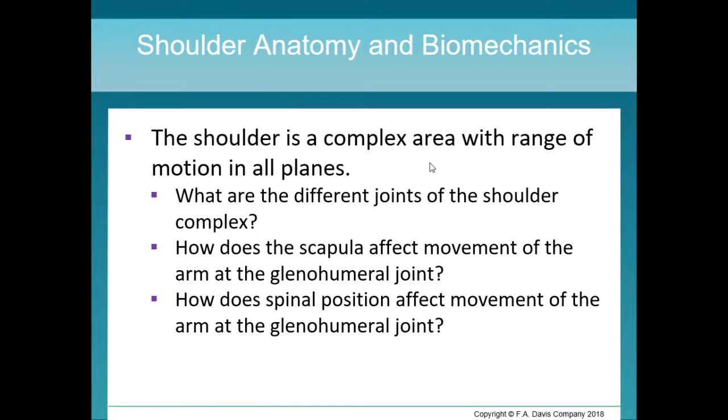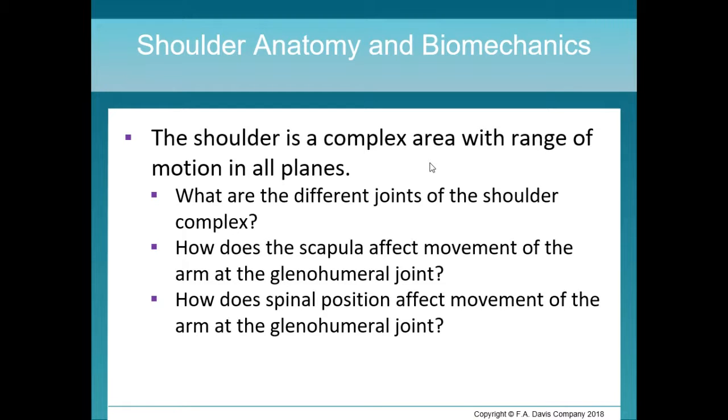So the scapula glides over the thorax, and it's essential in the dynamic stability of, and is intimately linked to the function of, the glenohumeral joint. For instance, when the humerus moves into shoulder flexion, the motion of the scapula, which is upward rotation, increases.